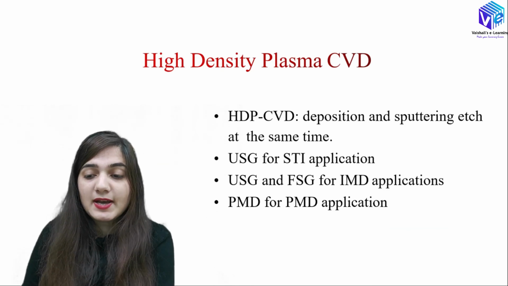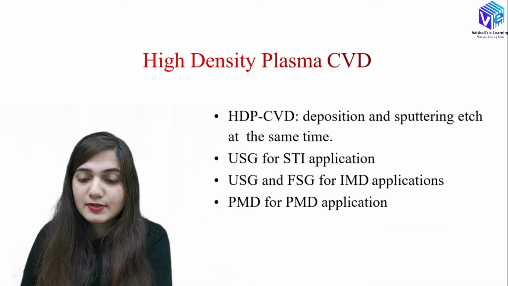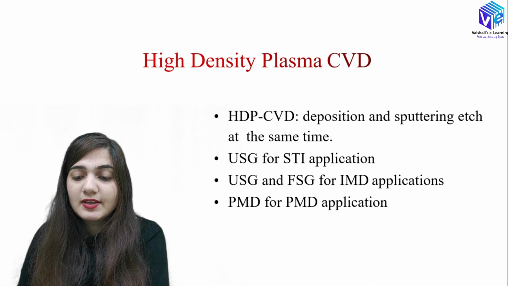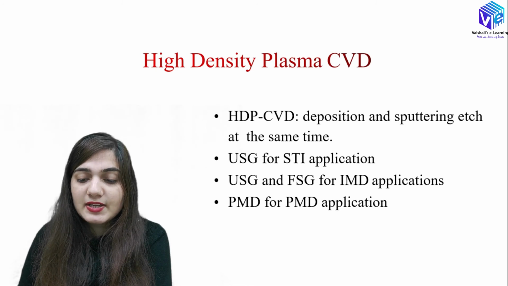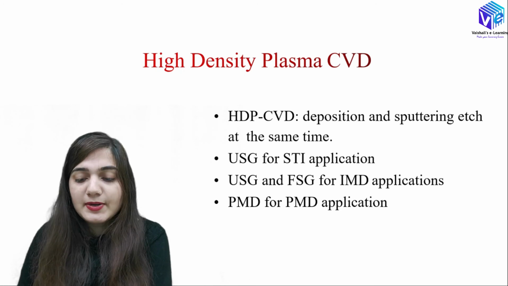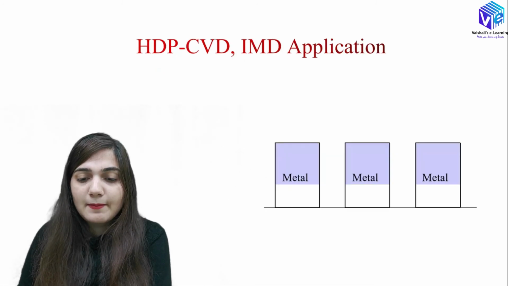So high density plasma CVD is the third case we had. In HDP CVD, deposition and sputtering are done at the same time. We are using USG for STI applications, and USG and FSG for IMD applications. We are also using it for PMD applications.